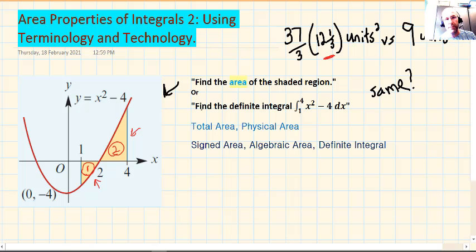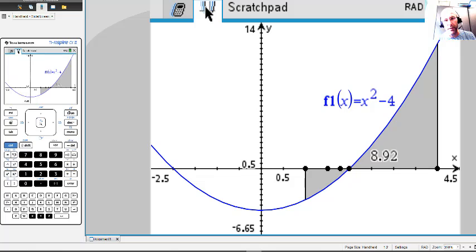If you're talking about the physical area, like the second question where we were painting, or sometimes it'll be called the total area, which is a little bit ambiguous, that phrase, I find. Certainly physical area, or if it's a physical problem where areas are always represented by positives, we have to use the absolute value on anything that comes out as negative, and that's why it's helpful to draw a graph first.